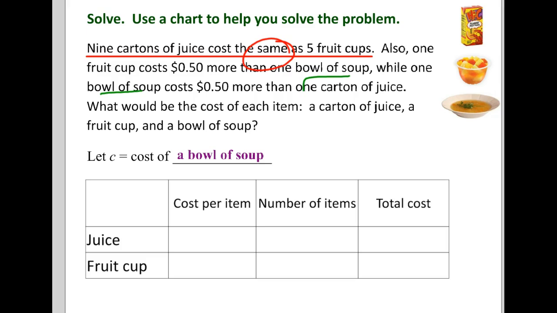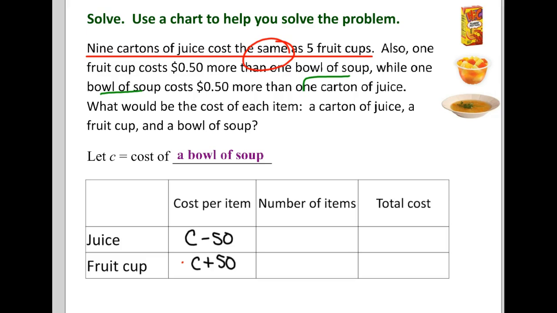So that means fruit cup is going to be C plus 50. And then juice is going to be C minus 50. So you may want to go through and read it again. 1 fruit cup costs 50 cents more than a bowl of soup. So that's where this came from, 50 cents more. But 1 bowl of soup costs 50 cents more than the carton of juice. So that's where we're going to get that from.